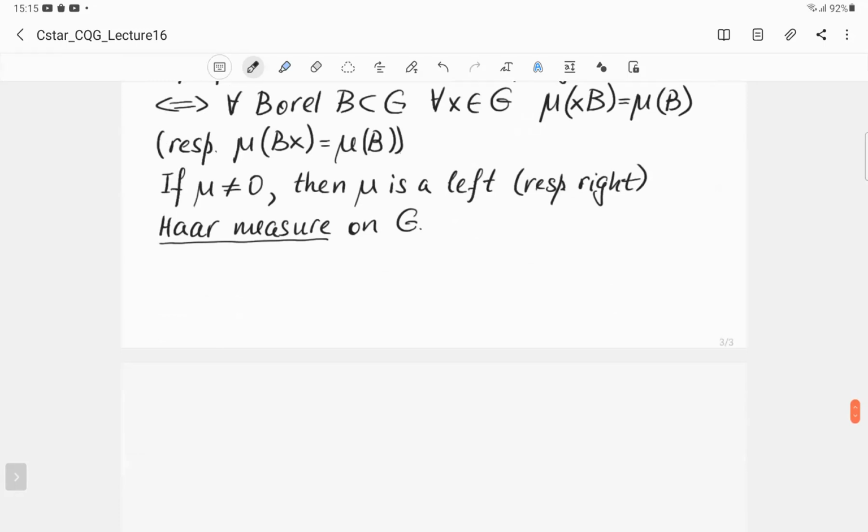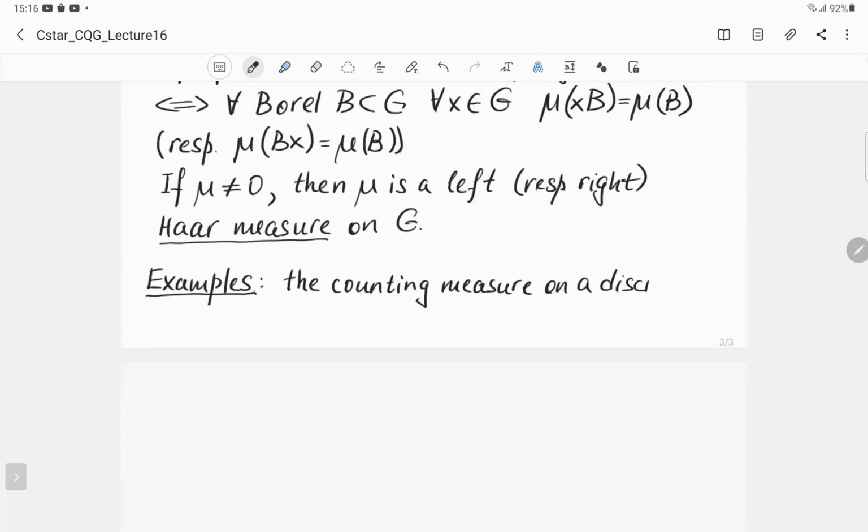Well, we have some obvious examples of the Haar measure. For example, if G is discrete, then we can take just the counting measure. The counting measure is defined on all sets, and it takes mu of B to be just the cardinality of B, which is either finite or infinite.